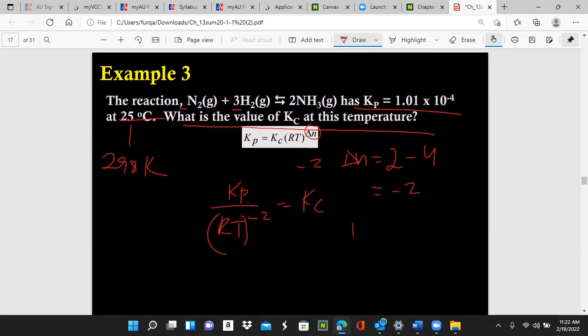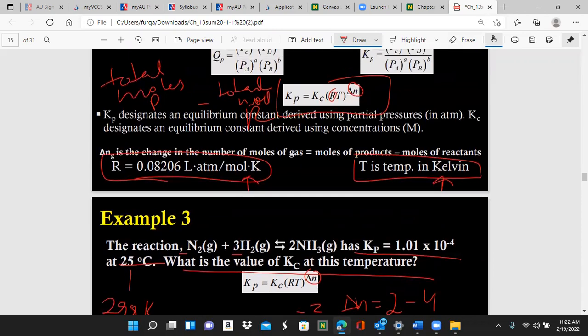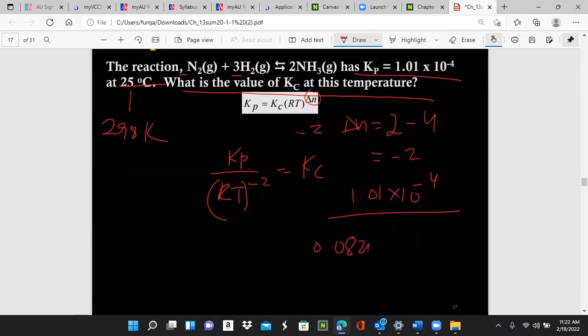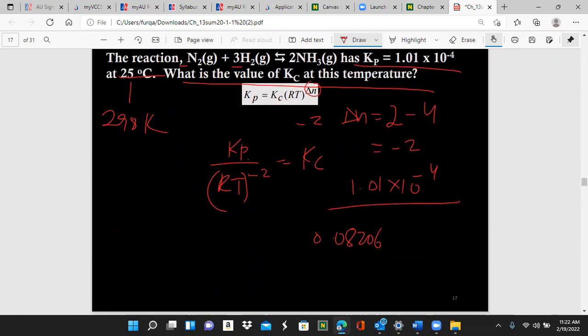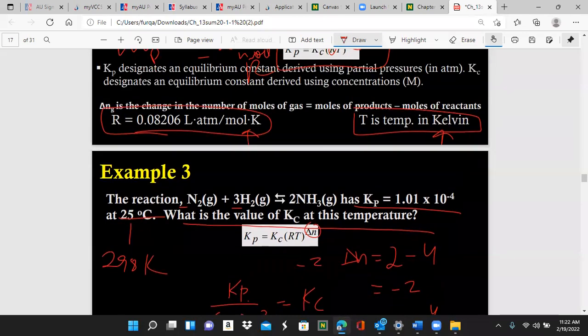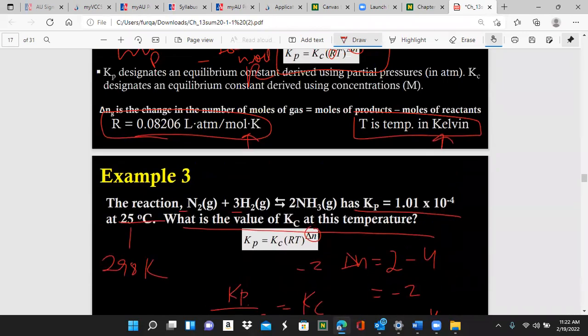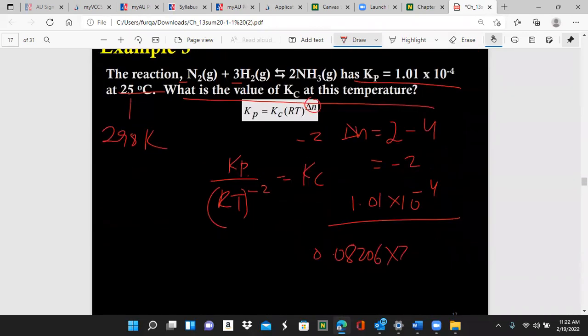So it means it's going to be 1.01 times 10 to the power minus 4 over 0.08206 times 298 raised to the power minus 2. So do that in your calculator, let me know the answer.